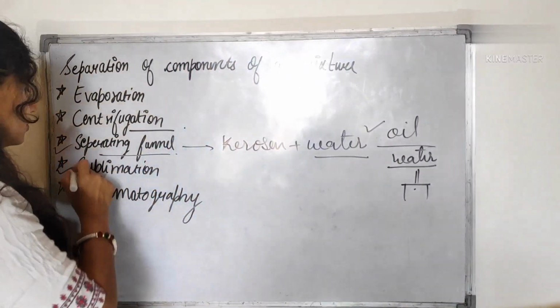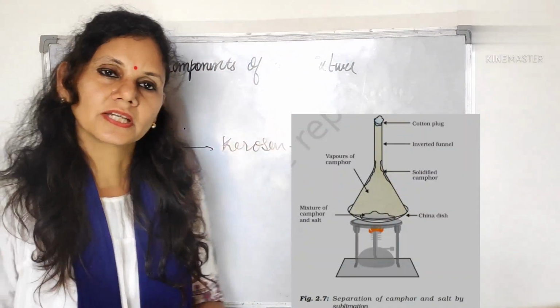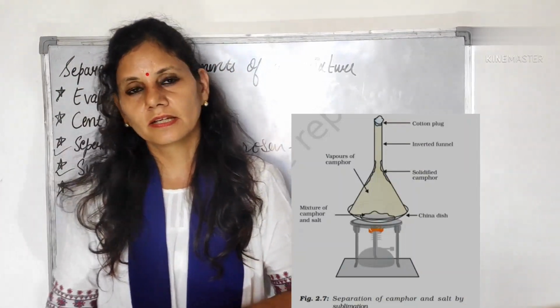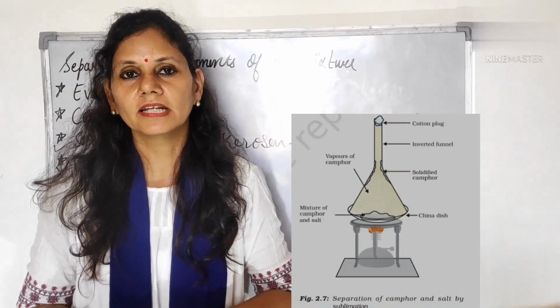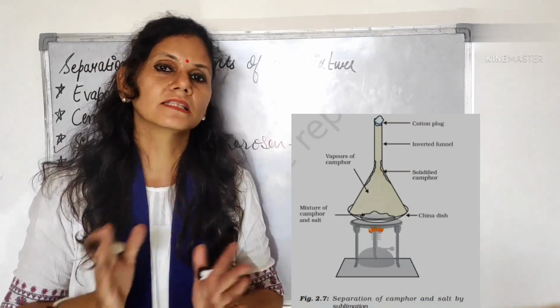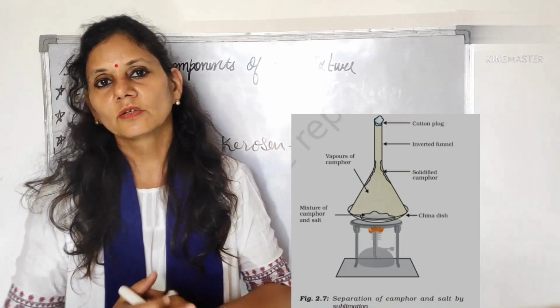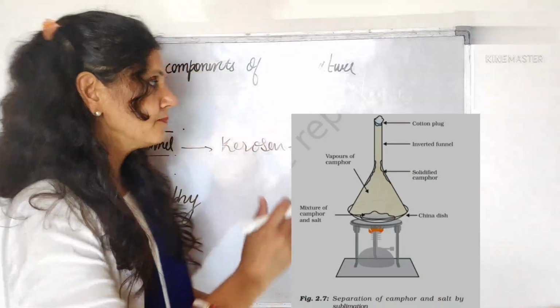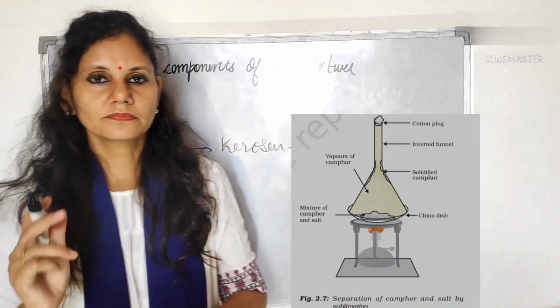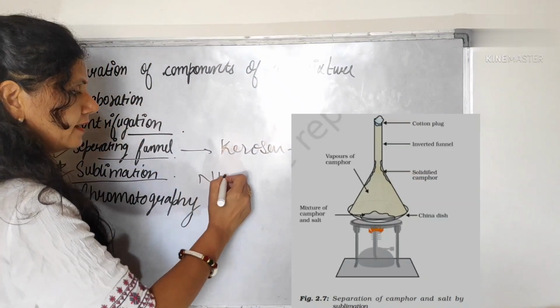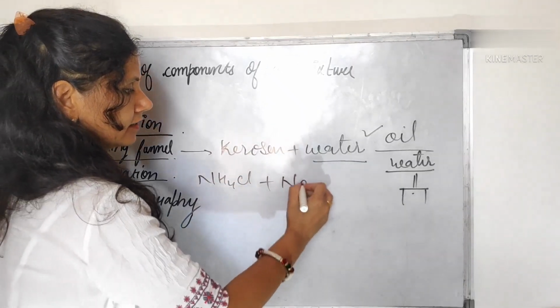After that we have sublimation. Sublimation is the process in which a solid directly converts into gaseous form, or a gas directly converts into solid. There are some substances that cannot be separated by the previous techniques, such as NH4Cl, ammonium chloride, and NaCl.